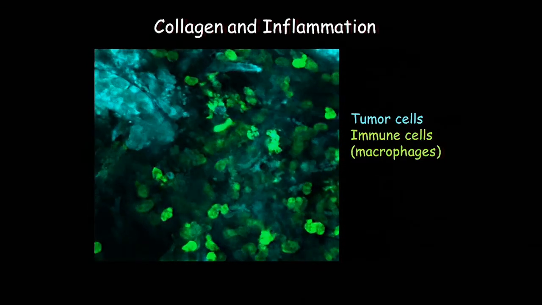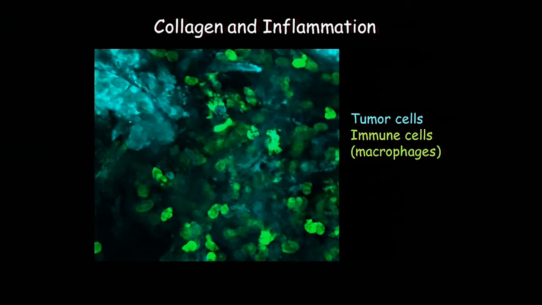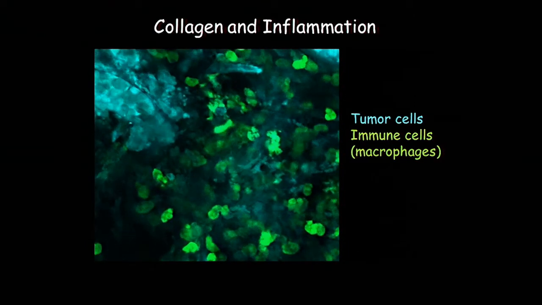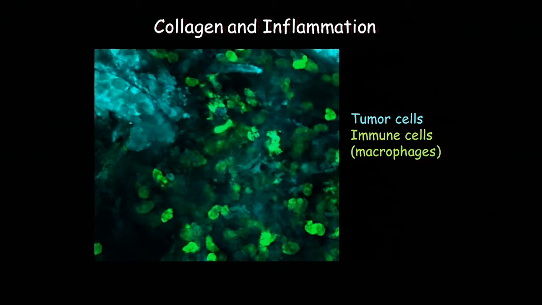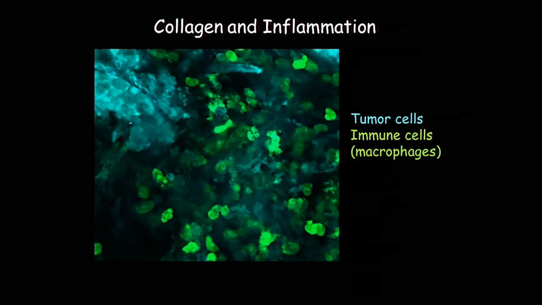And green are all these immune cells that you've heard about today from Melody Schwartz and Helene Langevin, macrophages and neutrophils. There are a lot of them in the environment, and they're actually much more active and migratory than the cancer cells themselves.